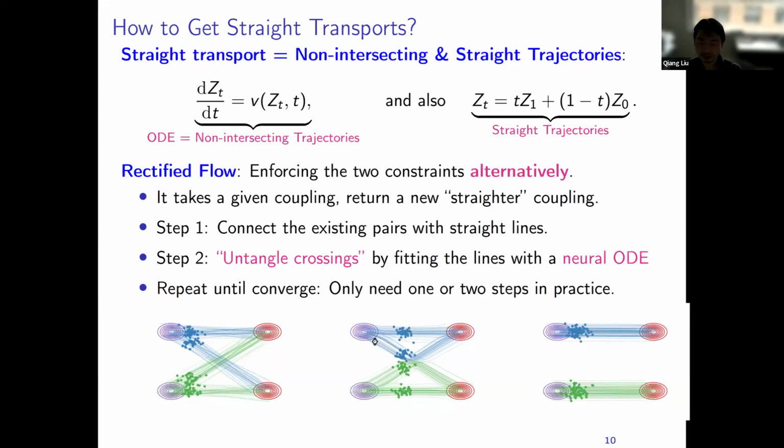We take the endpoints of the differential equation, connect them with straight lines, fit another differential equation, and repeat this process. It turns out if you repeat this process, you will converge to a straight trajectory in the end. That's a theoretical property that ensures that if you follow this process iteratively, you will eventually get a straight transport. So this is the rough idea.